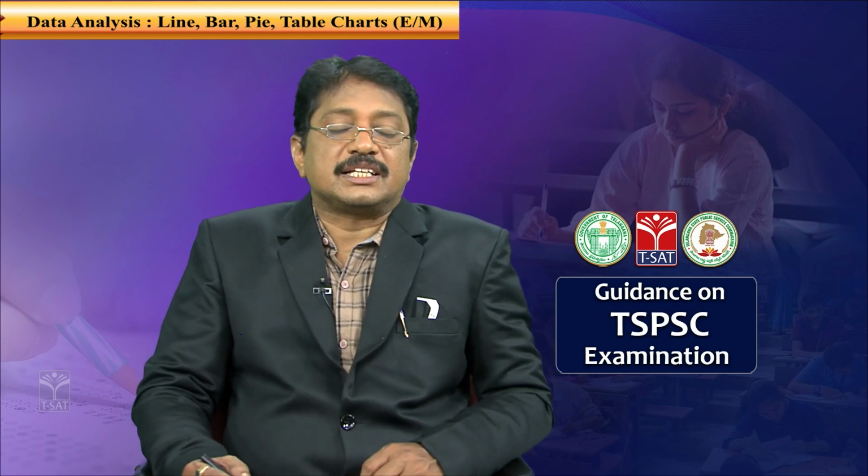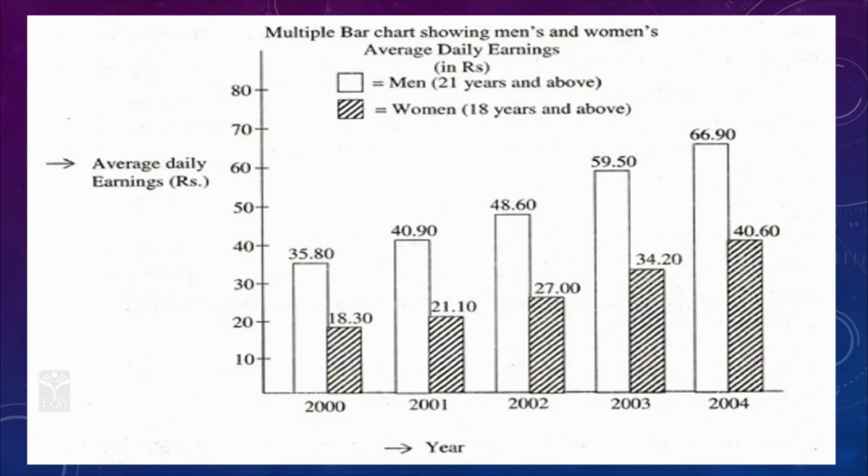Okay. Now, see it. I have shown one bar diagram here, a multiple bar diagram. Why did I say multiple bar diagram here? Just a comparison between men and women. The first one given is men, shown in white color, those who are 21 years and above, and women are shaded, those who are 18 years and above.